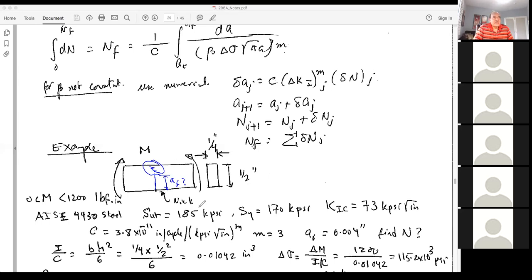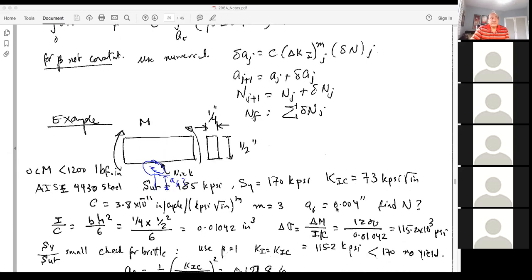So we have an example that has the ultimate strength of the material given as 185, and the moment is from 0 to 1200 pound force inch. The yield strength is 170. The K1C, the plane strain fracture toughness, is 73 KSI square root of inch.